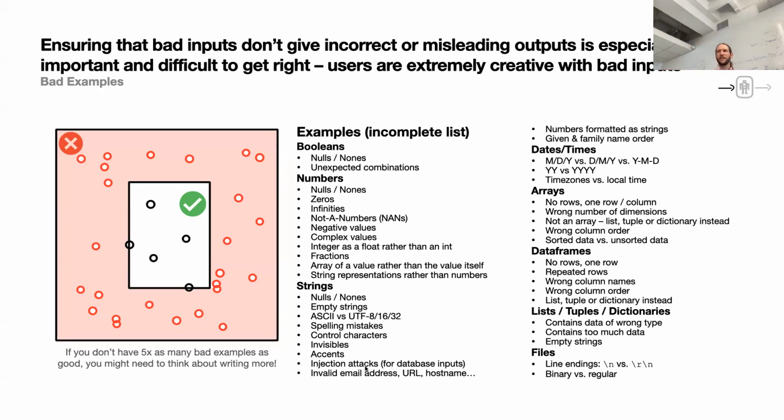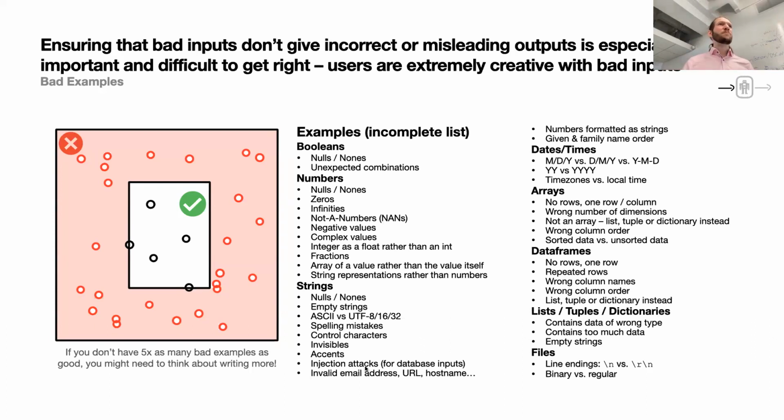If you're dealing with strings in a database, then you really need to be thinking about injection attacks, whether or not someone would be able to put a query into one of the text strings that you're expecting that will corrupt your database or extract data that they shouldn't be able to see. What about if you're expecting email addresses and you get something that's got spaces in it, or a weird URL or a weird host name?